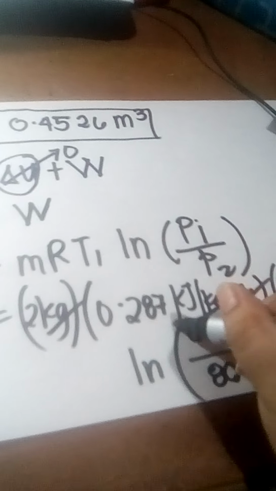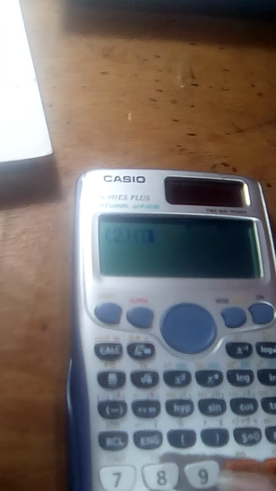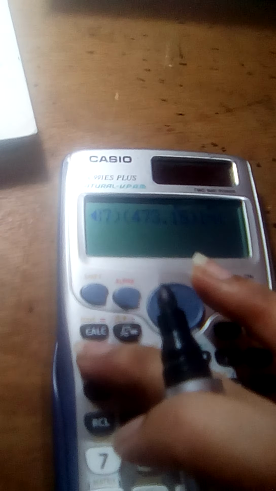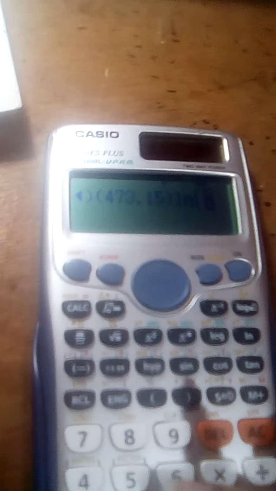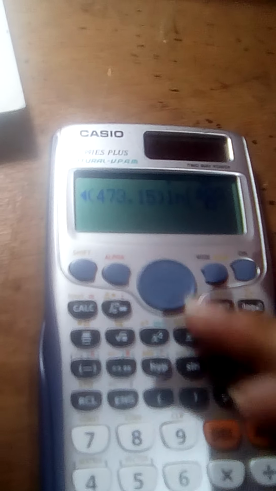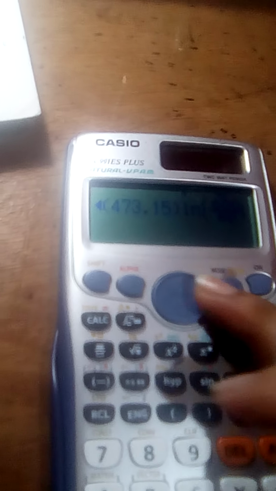So, the units cancel, leaving kilojoule. Therefore, Q is equal to 2 kilogram times 0.287 times 473.15 times ln of 600 kilopascal over 80 kilopascal.